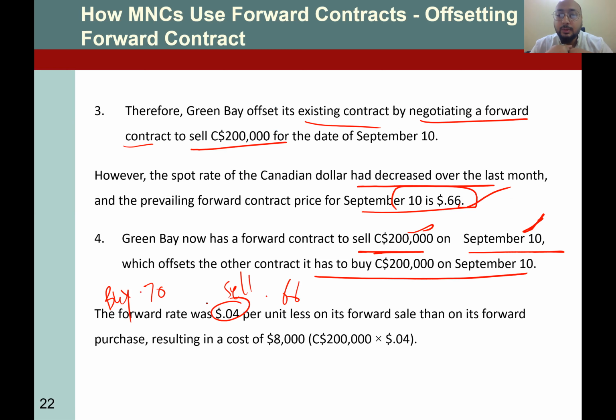Loss. So on the 10th of September, because this is with the same party, they enter into a negotiation contract with the same party. On the day of settlement, they would pay 0.04 multiplied by 200,000. The answer would be $8,000.